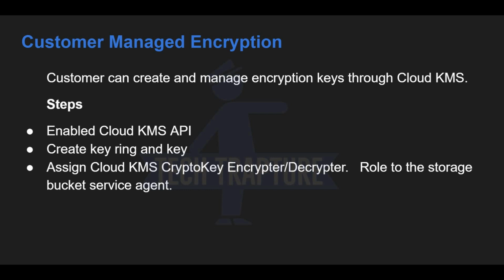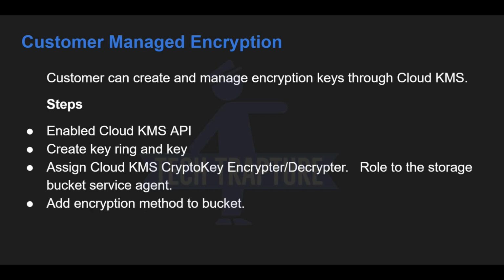This is a very important step, and I get a lot of questions from candidates on how to resolve this permission error or how to assign this role, because usually you might have performed activities with the service account of Compute Engine, the default Compute Engine one, but where can I get a service account for a storage bucket? I'll explain how to get it. This is referred to as a service agent, not a service account, because this is Google managed.